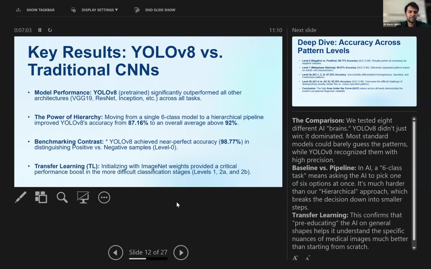So here we classified them into single 6-class models, that is negative, positive, metaphase, non-metaphase, then cell classification and coarse or fine speckled. YOLO showed very high accuracy of around 81.16%, with an overall average of about 92%, and achieved near perfect accuracy of 98% in distinguishing positive or negative samples.